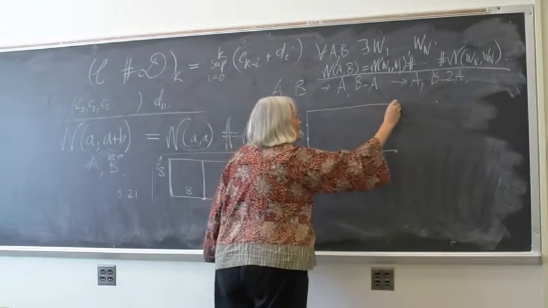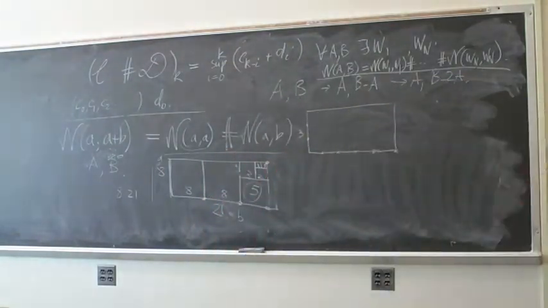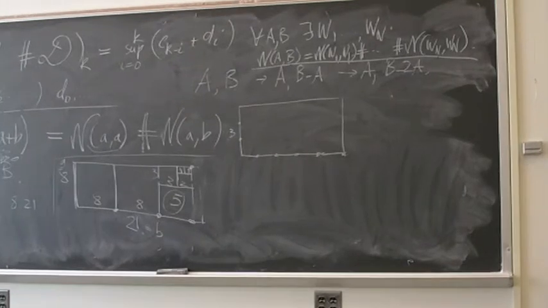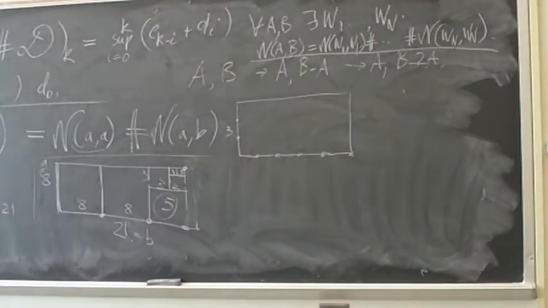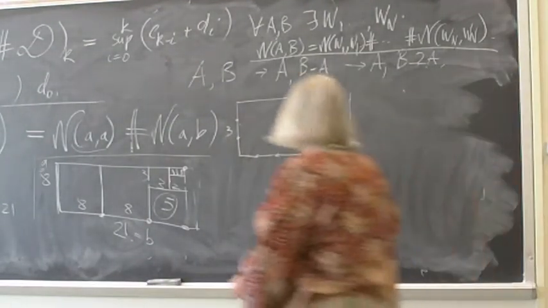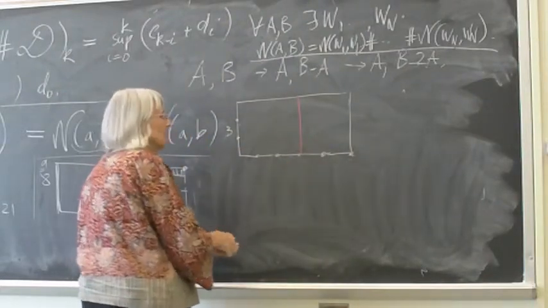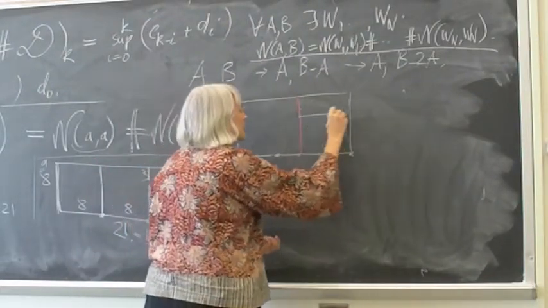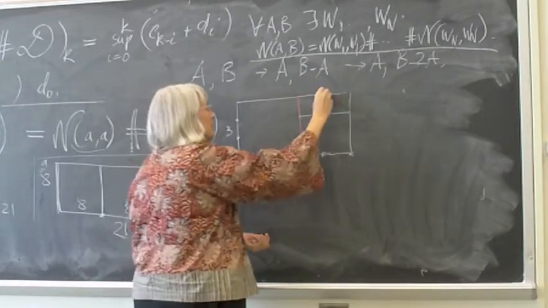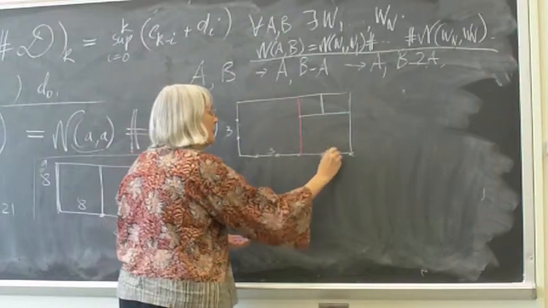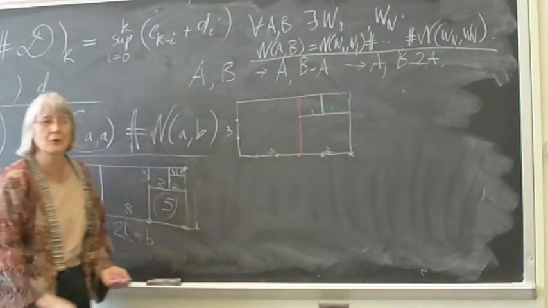And here I really will use some colored chalk. You see, if we take this, we do a cut there, and then we do a cut here, and then a cut there. That cuts it up into something of size 3, something of size 2, and 2 things of size 1.